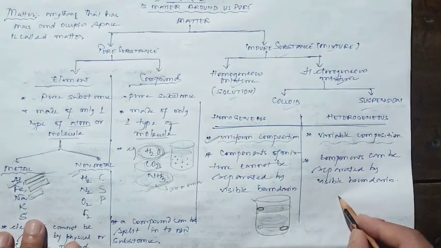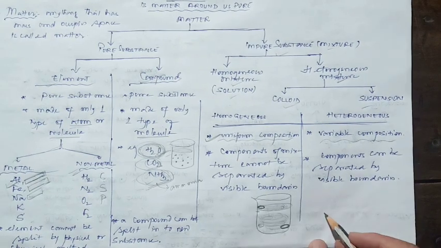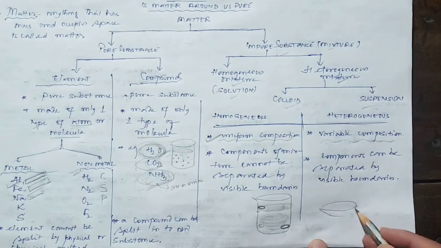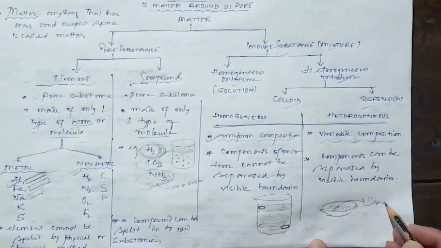Variable composition means what? Now suppose I take a handful of chalk powder and throw it, say suppose this is the plate, I have sand here. Let's say this is sand.